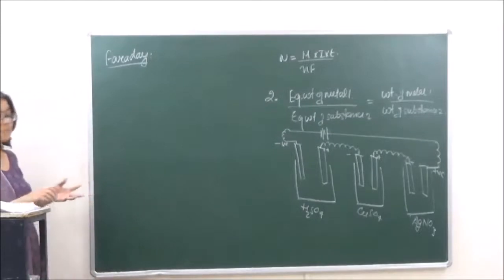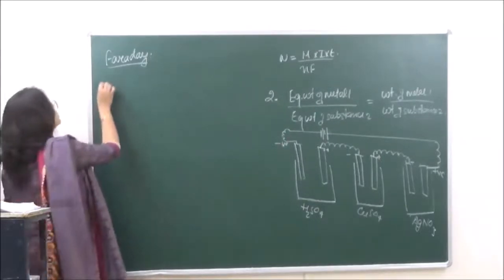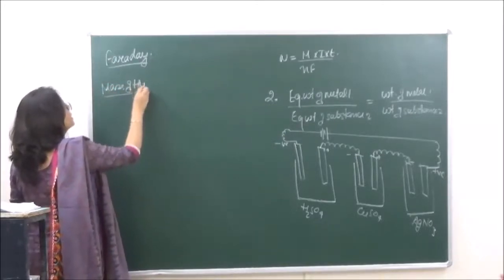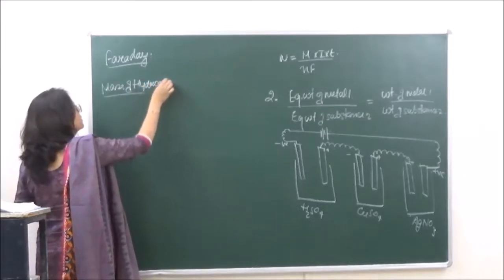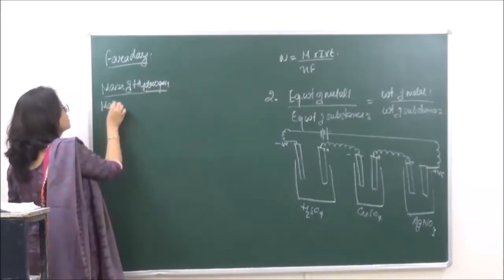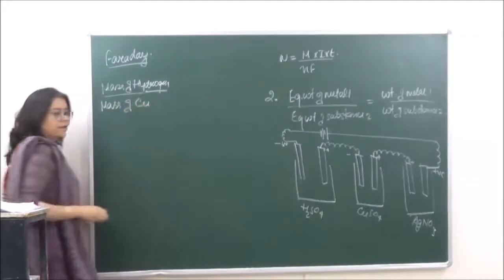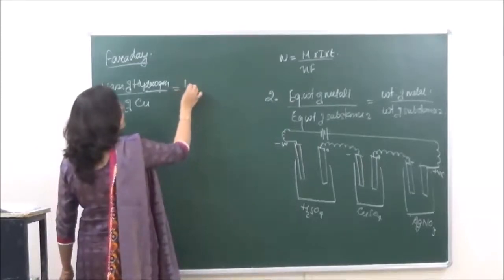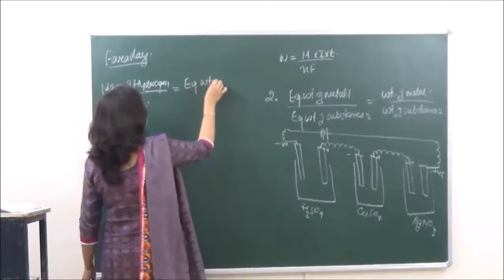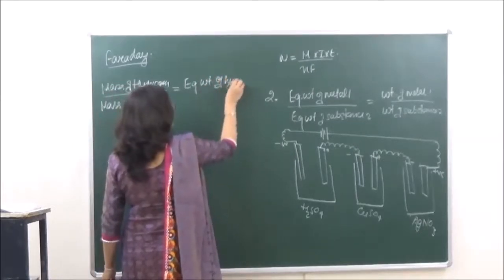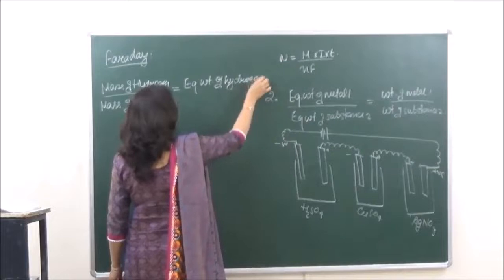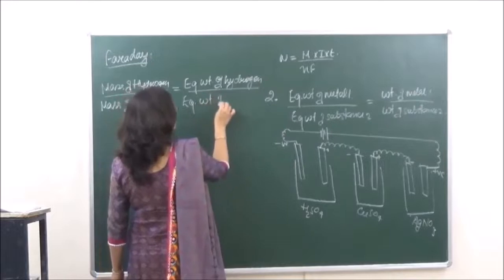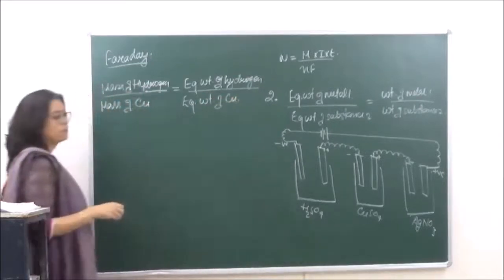So when we are looking at the first and the second cell, the mass of hydrogen upon the mass of copper is equivalent to the equivalent weight of hydrogen upon the equivalent weight of copper.